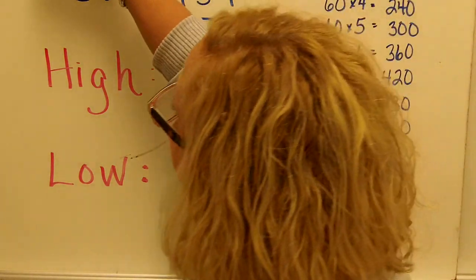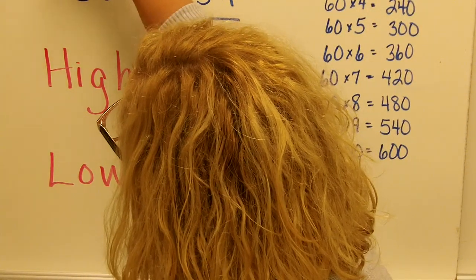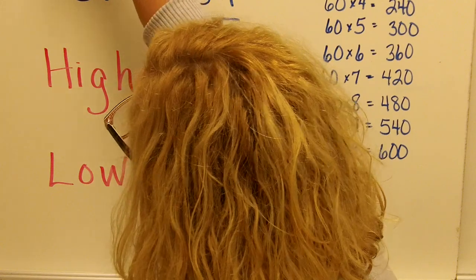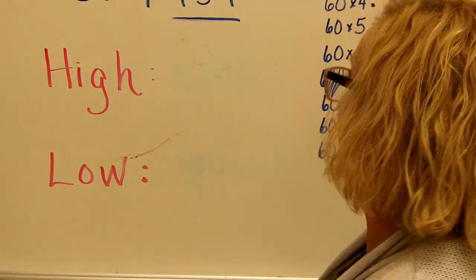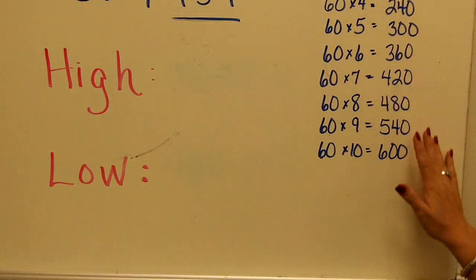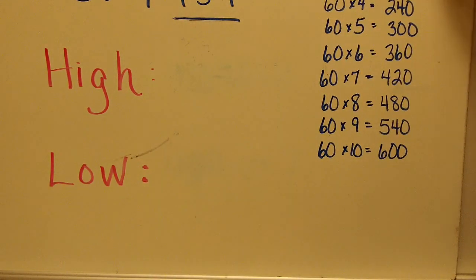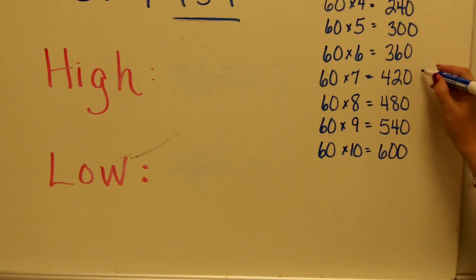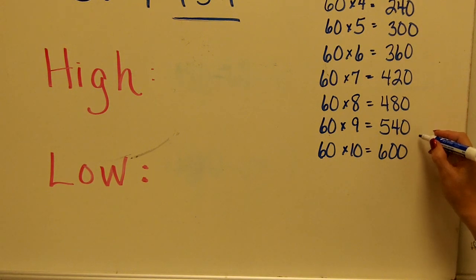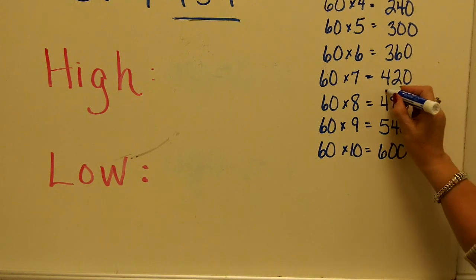So I'm going to round 58, and when I round it to the nearest 10, I get 60. Well, I still have my 60s fact chart here, and I'm trying to find 431, and what two numbers will that fit between?